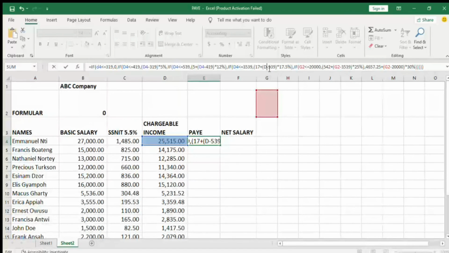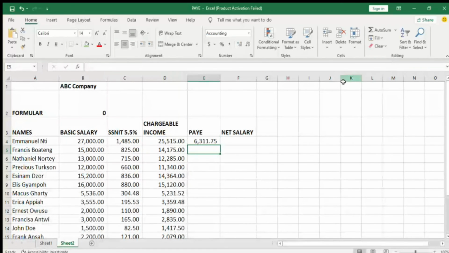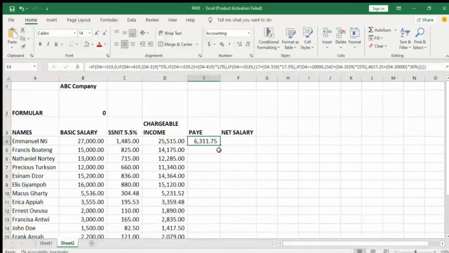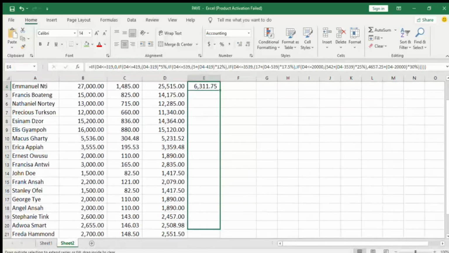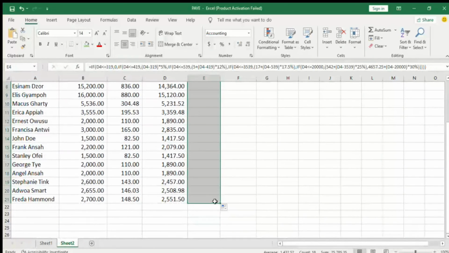We change everything here to cell D4, and almost done. D4. Okay, and this is the last one here, D4. Then press enter. Boom, and it is done. It has calculated for us. You can just pull everything, and it is done.